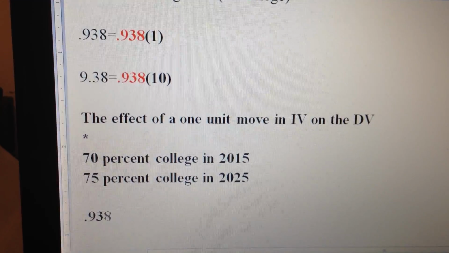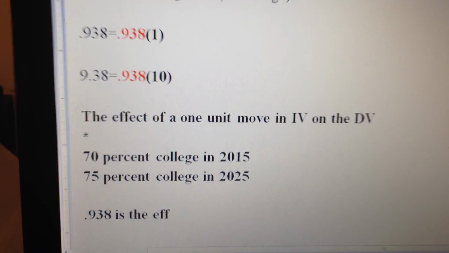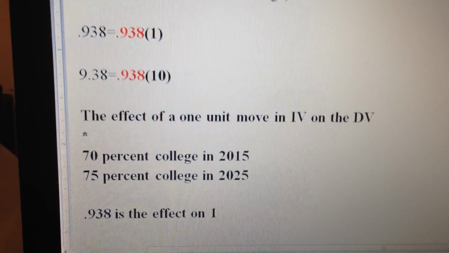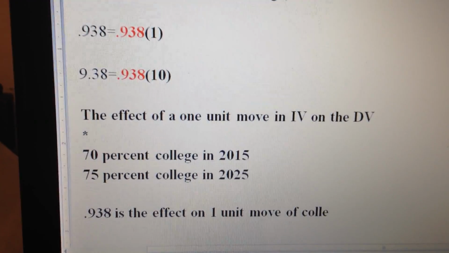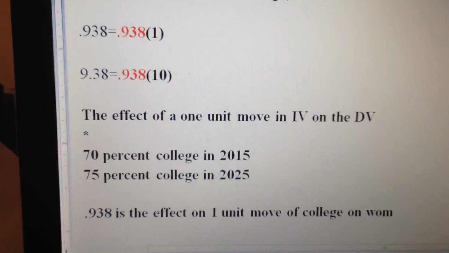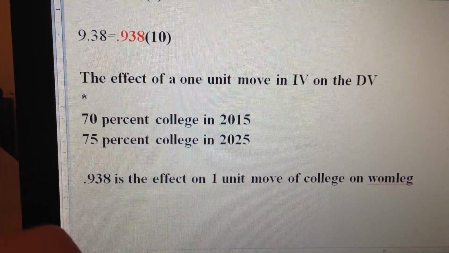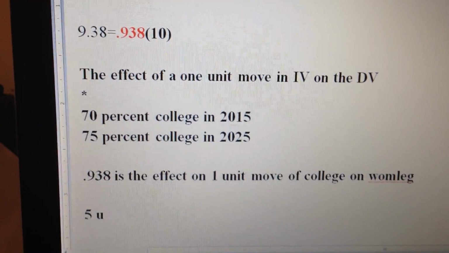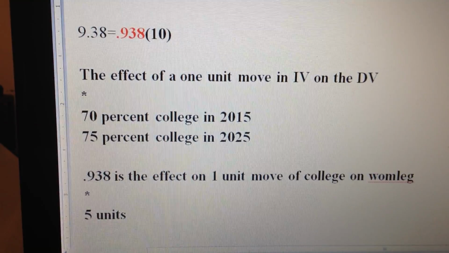Well, we know that 0.938 is the effect of a 1 unit move of college on female legislators. All right. We know here that 75 minus 70, we're moving 5 units. We're just doing multiplication.